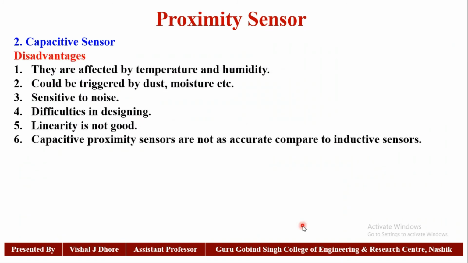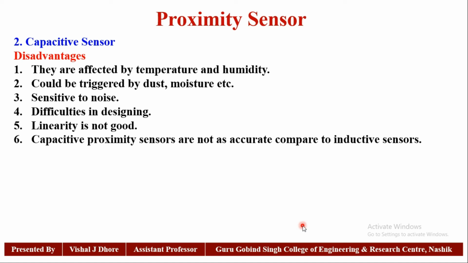They are affected by temperature and humidity. They could be triggered by dust, moisture, etc. Sensitivity to noise, difficulties in designing, and linearity is not good. Capacitive proximity sensors are not as accurate compared to inductive sensors.